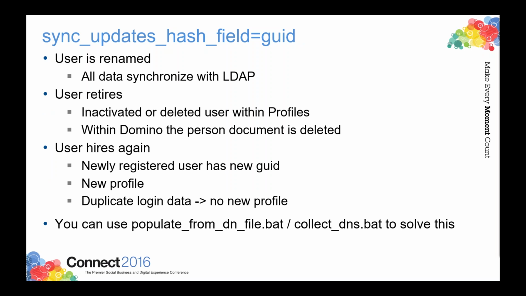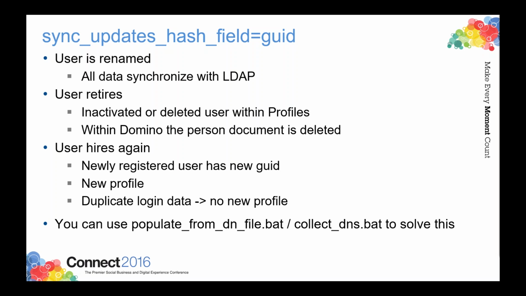Because the GUID is calculated from the SID within Active Directory or from the document ID within Domino. So when a user retires, he gets inactivated or deleted, and within Domino normally his person document is deleted. When the user is hired again, the new registered user has a new GUID. That's normal.